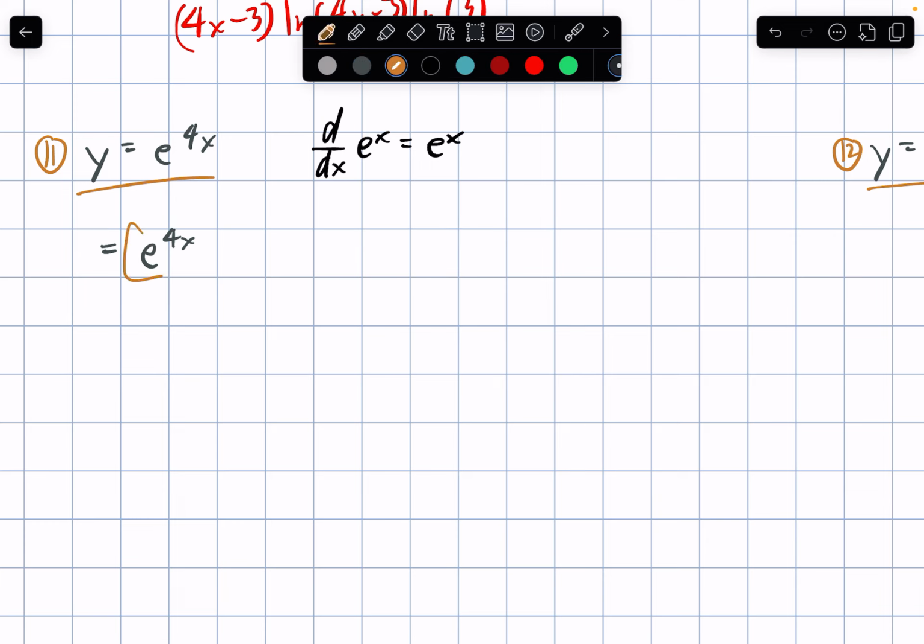I think this is the answer already. Let's see. 11. Never mind. Yeah. The second option I wrote a while ago. Well, it used some elements from that logic. So note, if you have something like this, of course bring down the 4, and then times that. So that's it.